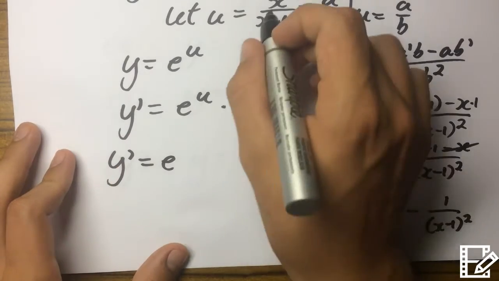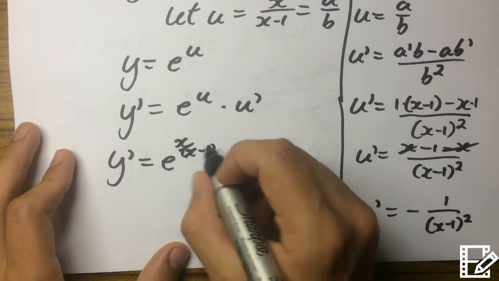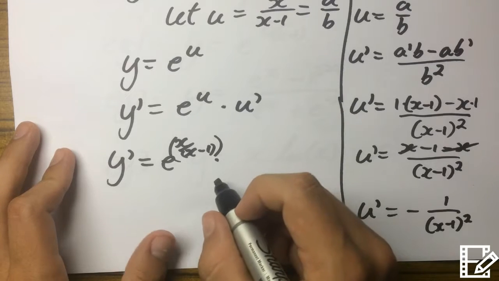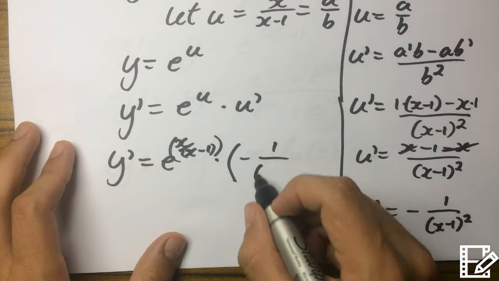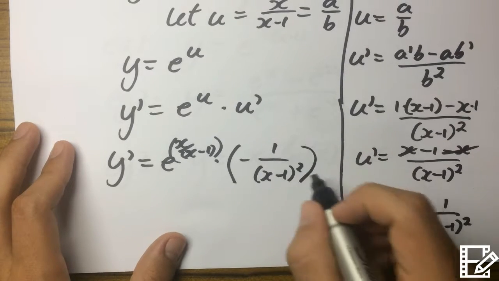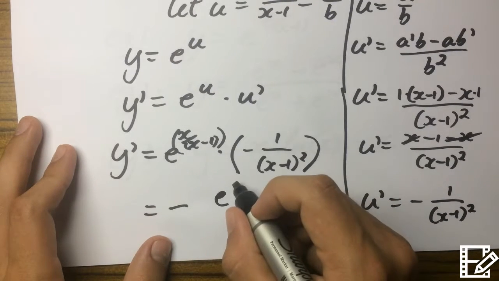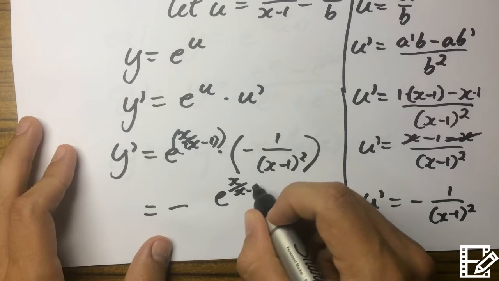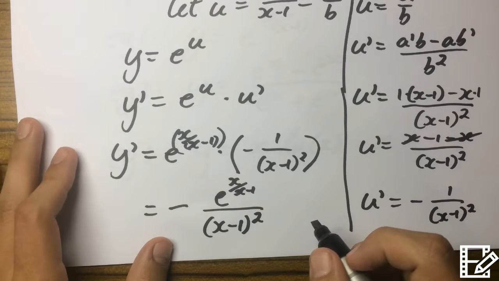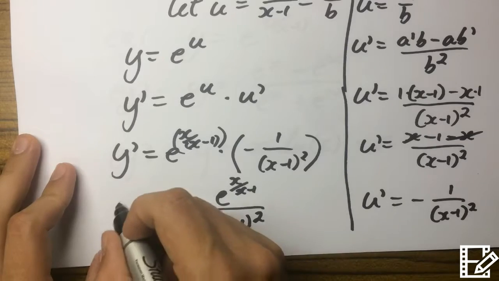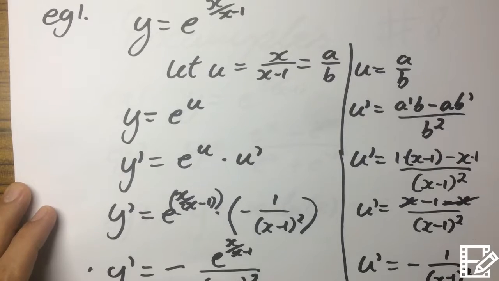E to the power of u, u is x over x take 1, multiplied by u dash, which is negative 1 over x minus 1 squared, which will look like negative e to the power of x over x minus 1 over x minus 1 squared. And this is the derivative of the top function, if you can see it.